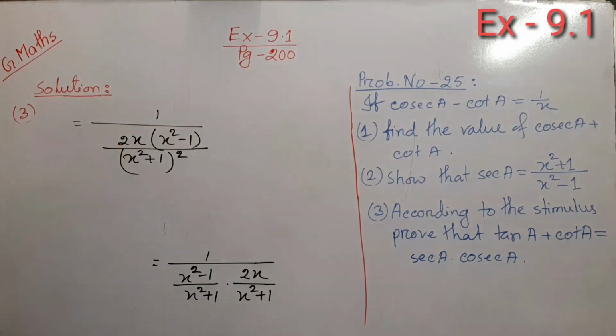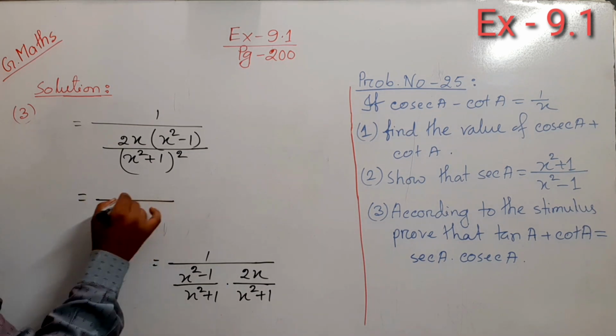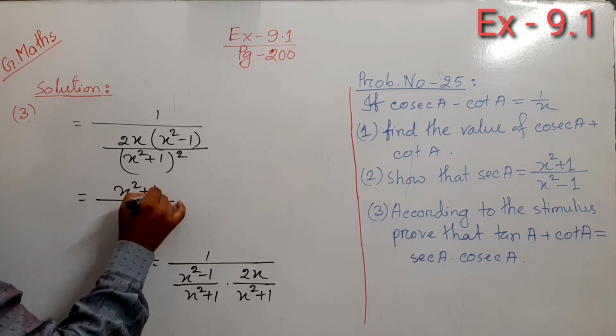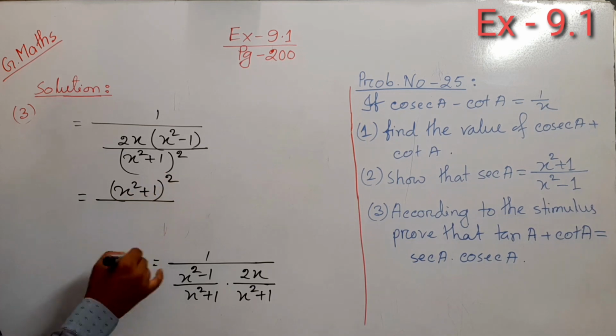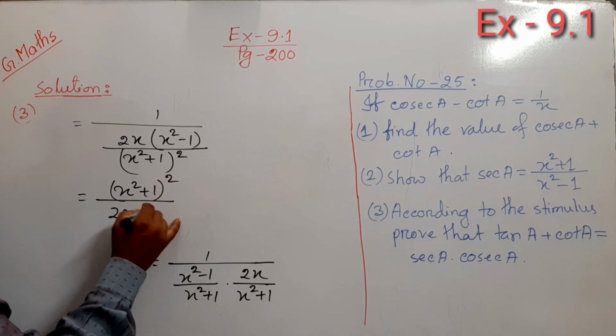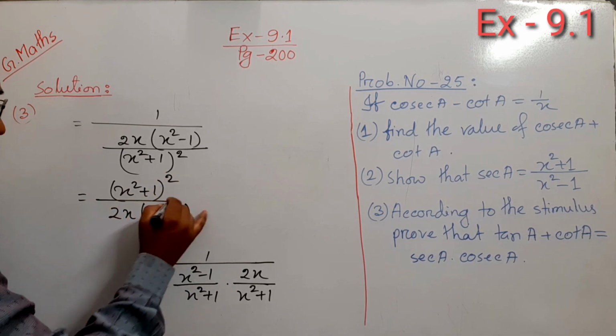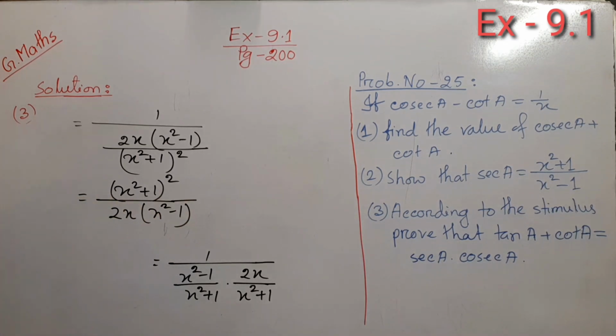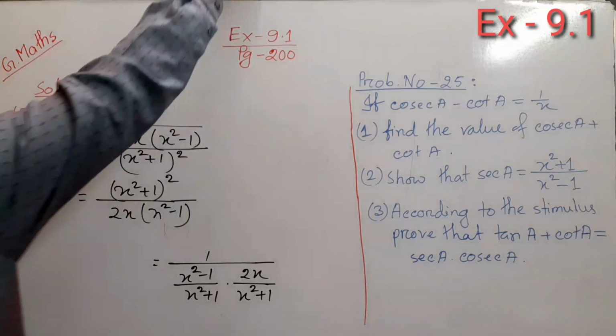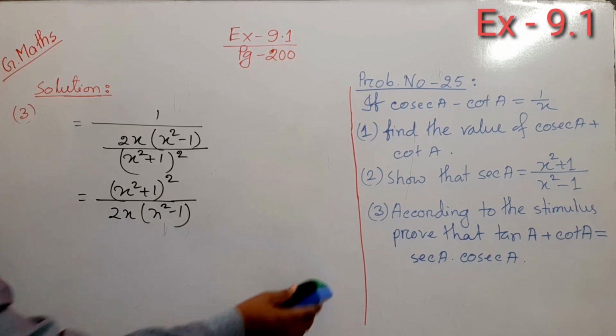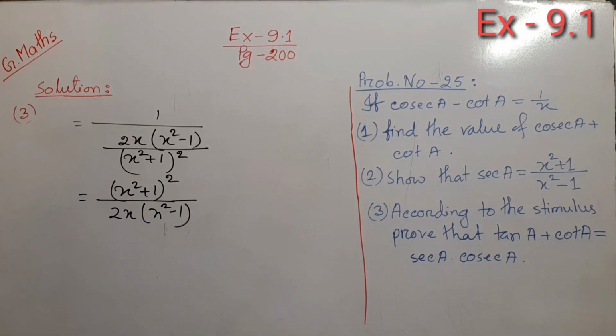Our fraction must be reciprocal, so it will be x square plus 1 whole square by 2x into x square minus 1. So this is the value of left hand side. Now we will find out the value of right hand side, and we will prove that it is also x square plus 1 whole square by 2x into x square minus 1.